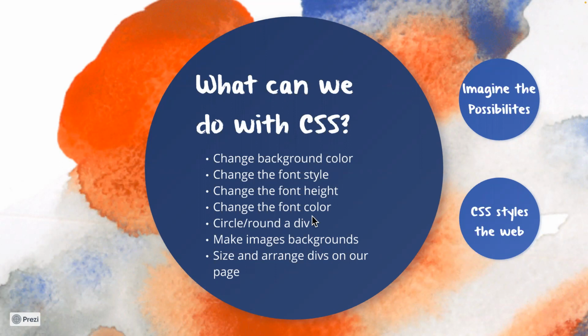You can make images the backgrounds of things that you would see text in, maybe the background of the whole web page that you're working on. You can size and arrange divs on our page. And this, last but not least, is the way that we'll be using CSS this afternoon to arrange divs on our page.